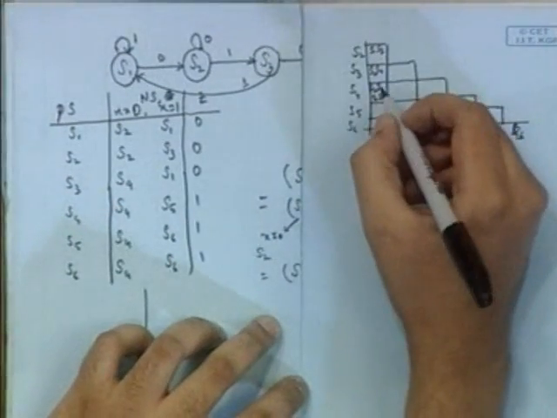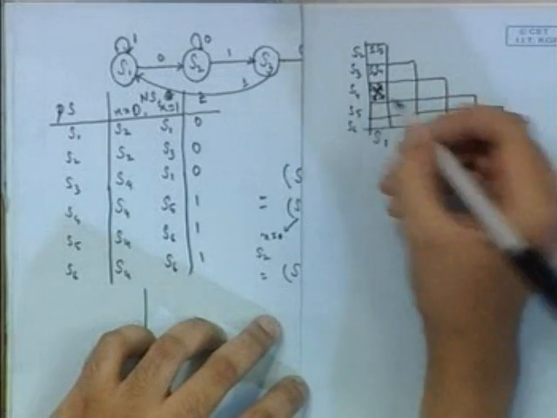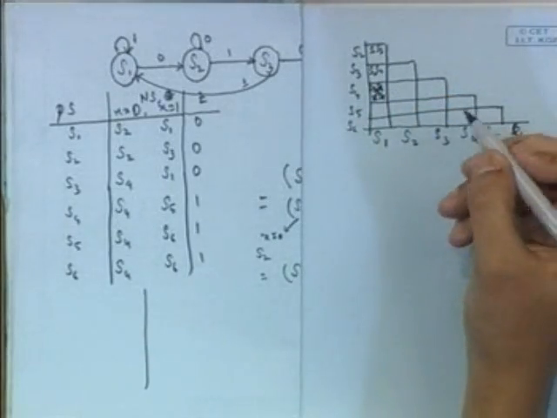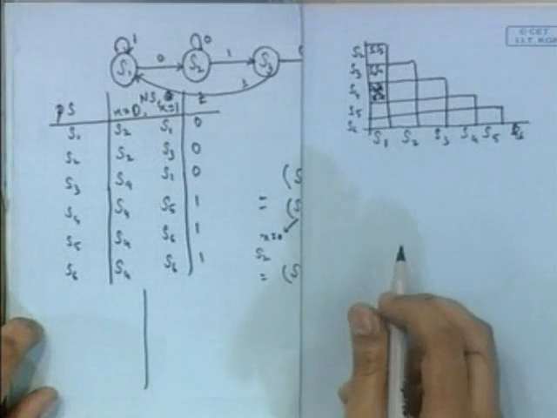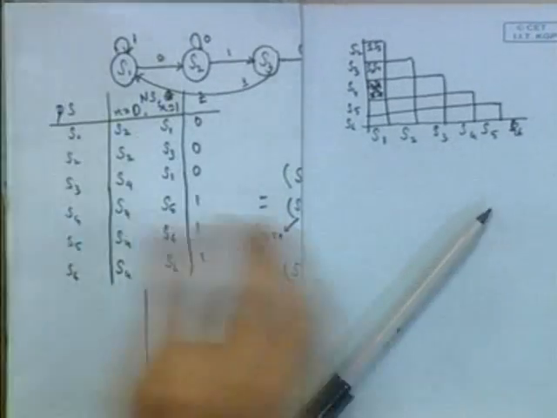For this case, you can readily say that this is not equivalent. This way you can always do it. So that's all about state minimization.